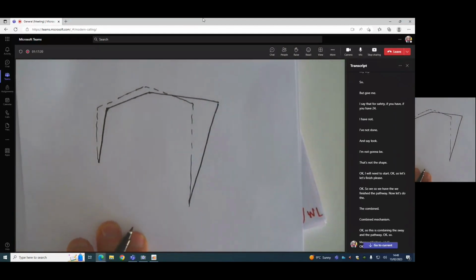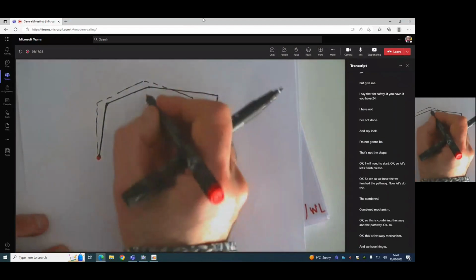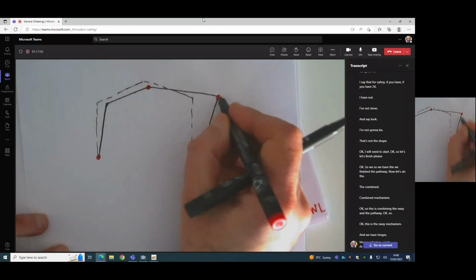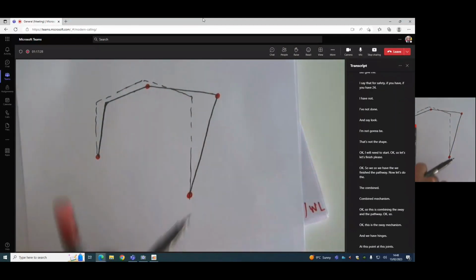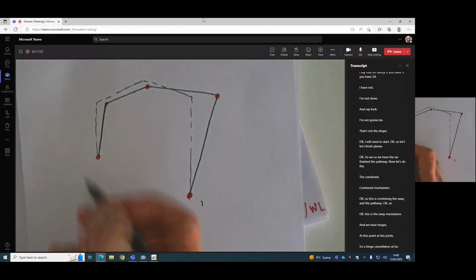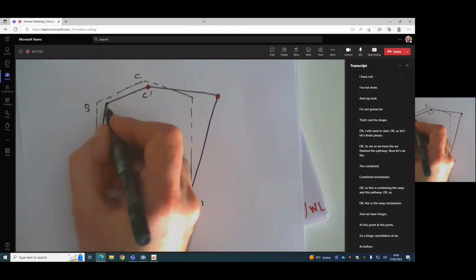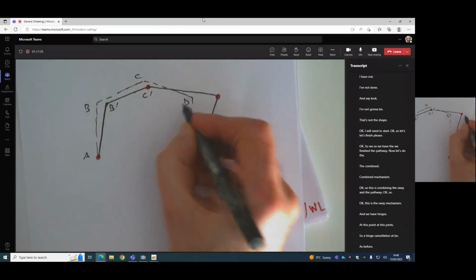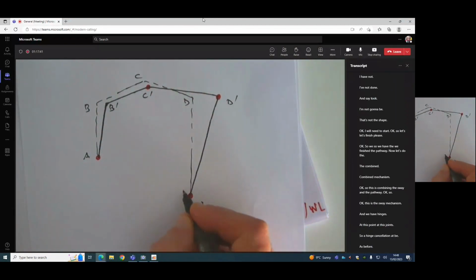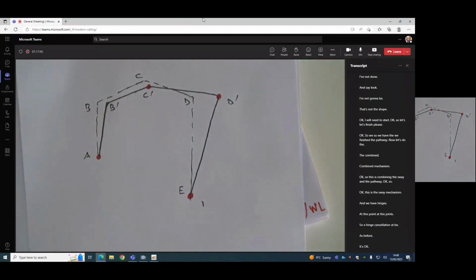Okay, this is the sway mechanism, and we have hinges at these points, at these joints. So hinge cancellation at B as before. Is that okay? Yeah.